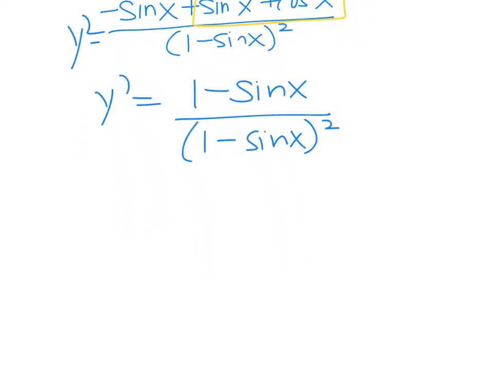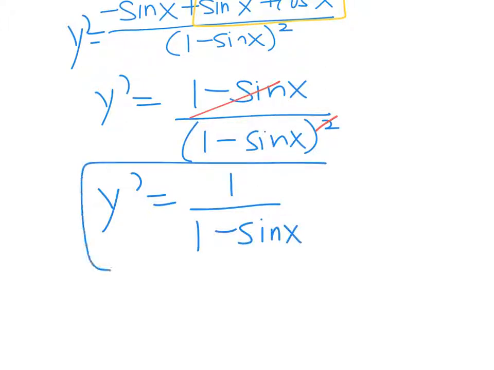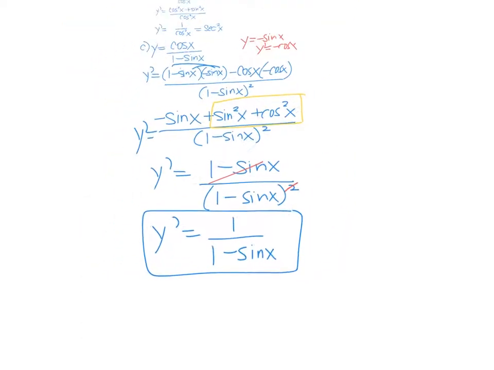So I'm going to reduce this with one of those, and I get y prime is 1 over 1 minus sine x. Wait, can we simplify more? No, you could leave that. Sometimes one of the hardest parts is knowing when you can stop.